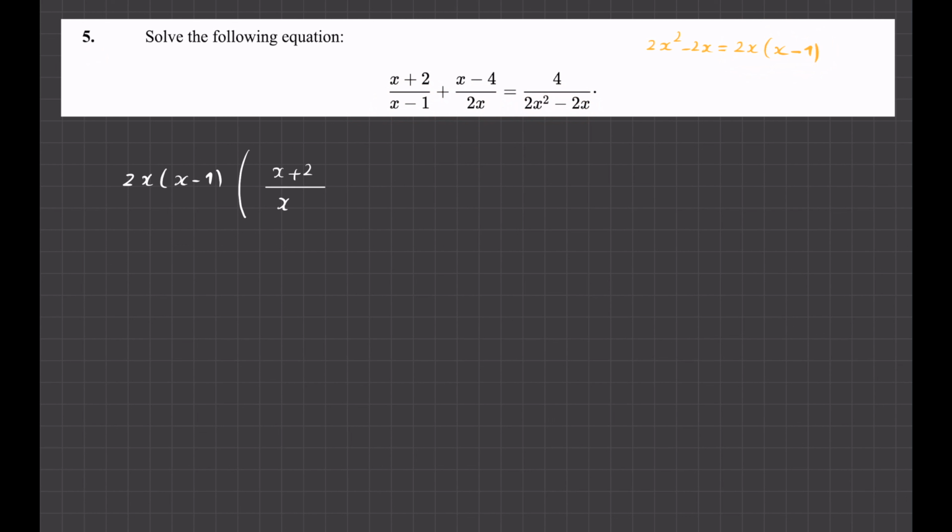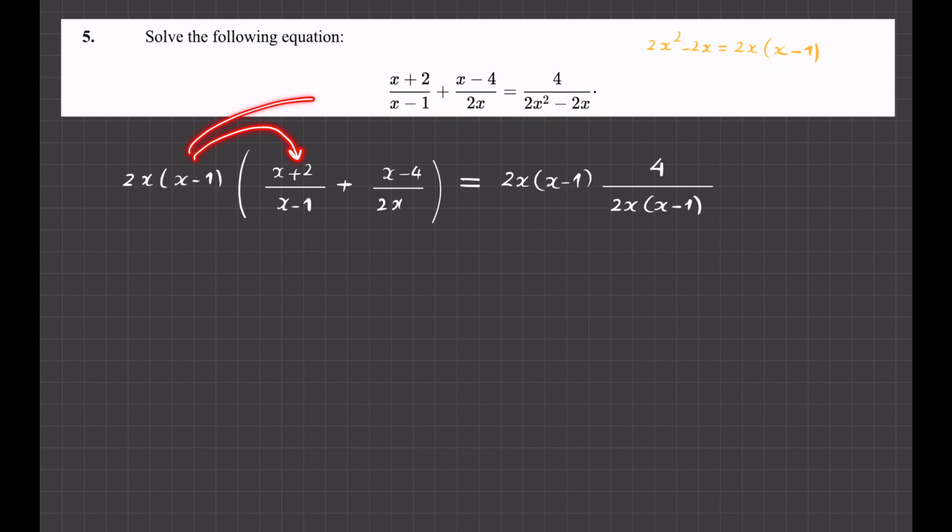And I also multiply the right, because whatever I do on the left, I have to do on the right if I want to keep the equality. And of course, the only thing that I will do, I write the numerator, but I write the factorized form of the denominator. Now imagine, this expression should be multiplied here and should be multiplied there.